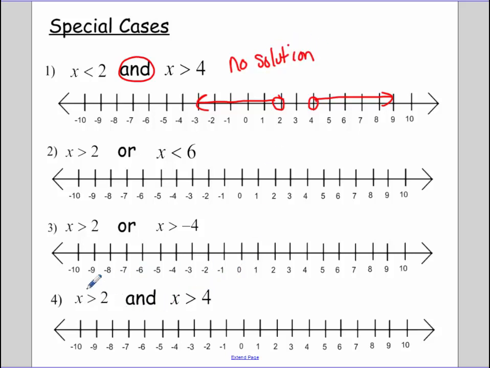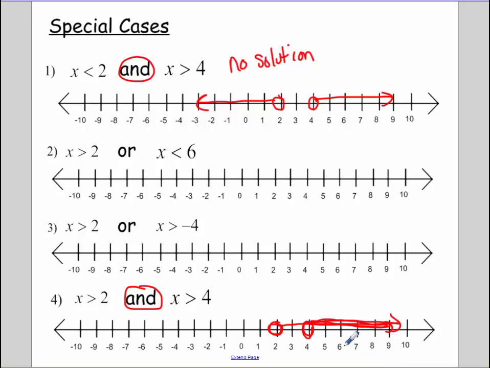Let me jump down here to number 4 and let's look at this different and possibility. X is greater than 2, and remember it's an and, so both true. What numbers make both of those true? Greater than 4. You want to think about, where did you shade twice?